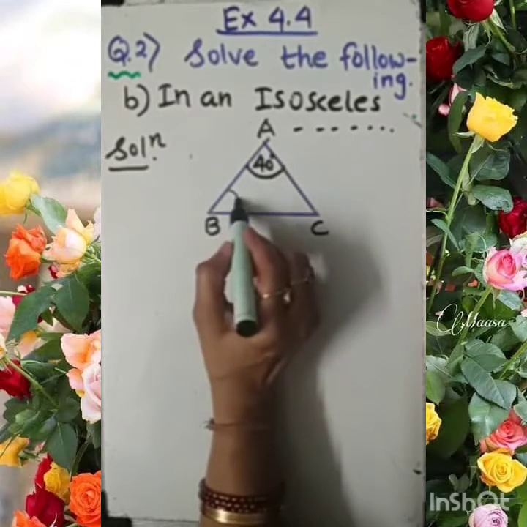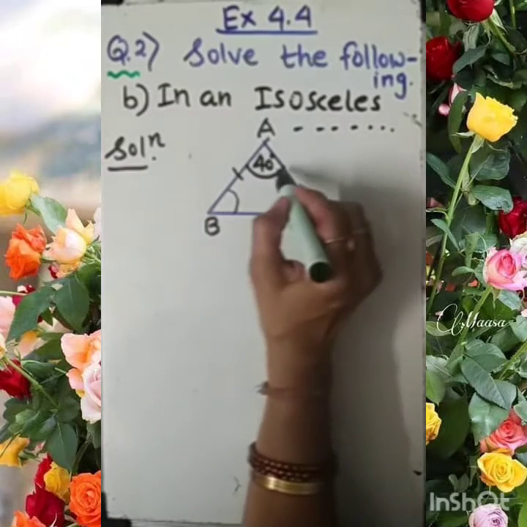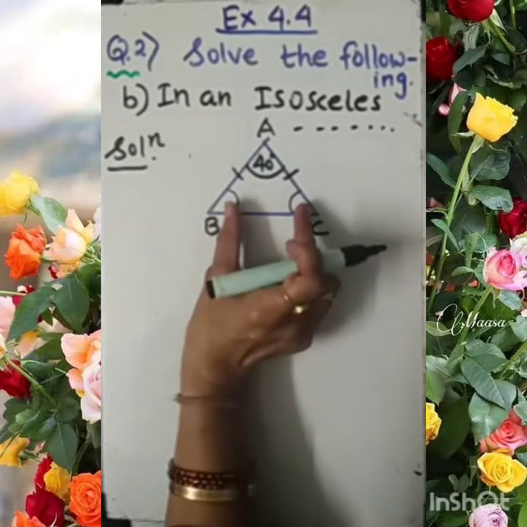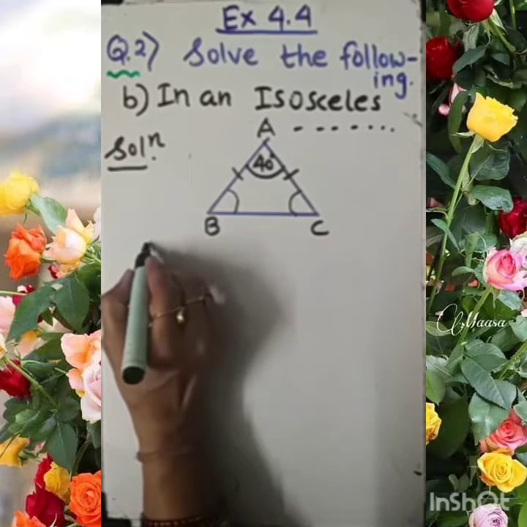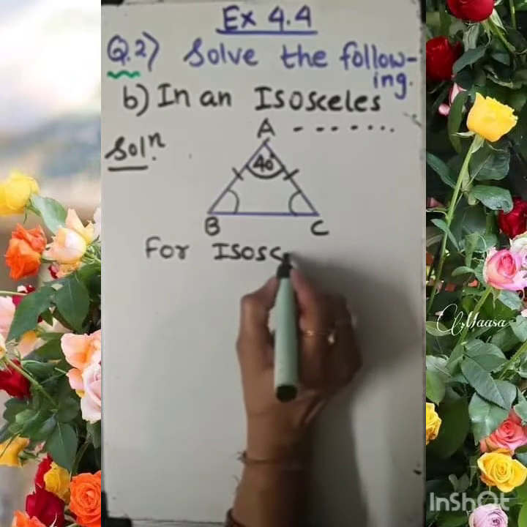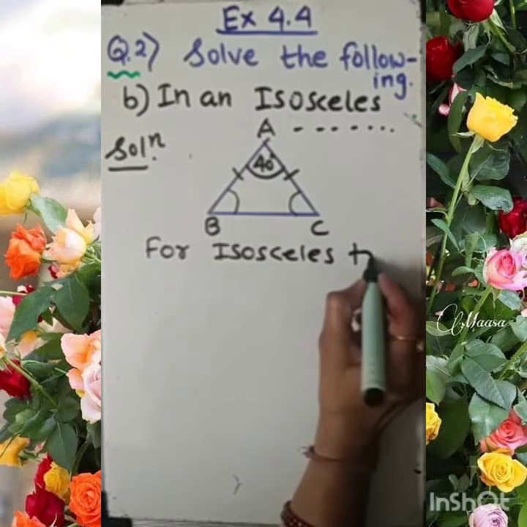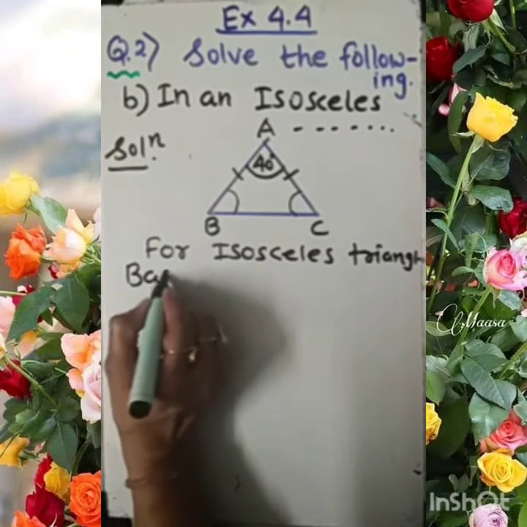But as it is an isosceles triangle, the base angles will be equal. You keep this in mind, okay? For an isosceles triangle, base angles will be equal.